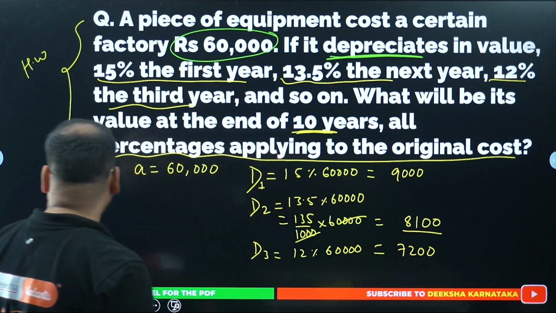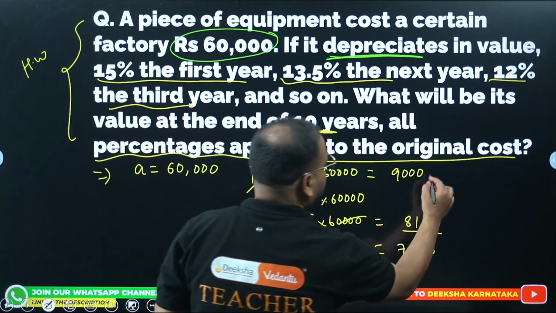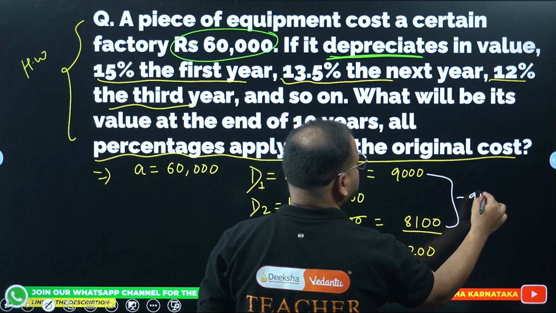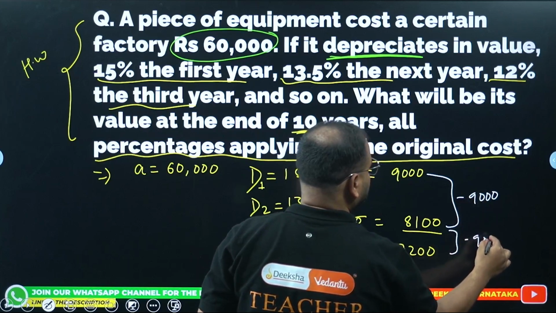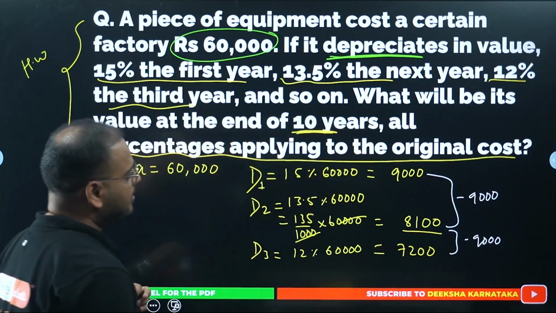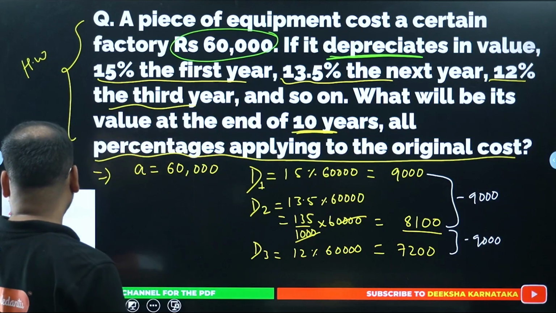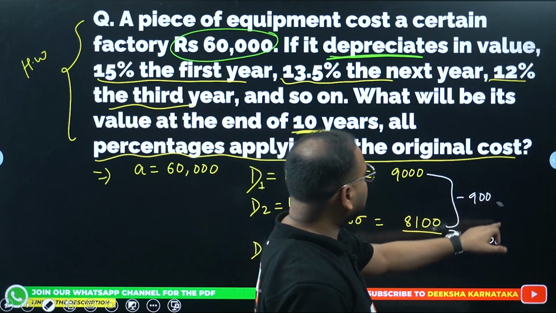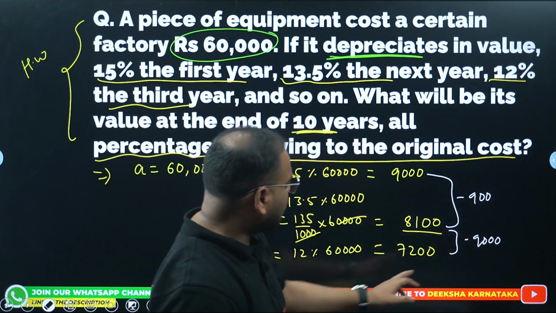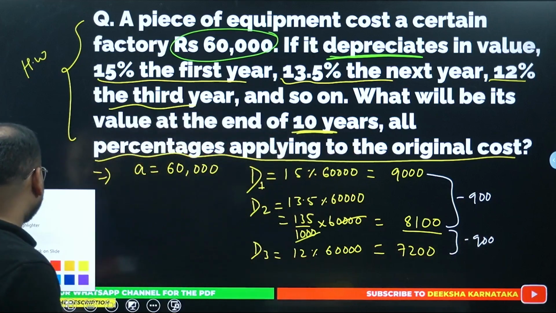Can you see a pattern here in the depreciation? 9,000 to 8,100 is a difference of 900, and over here also 900. So it is minus 900, not 9,000.